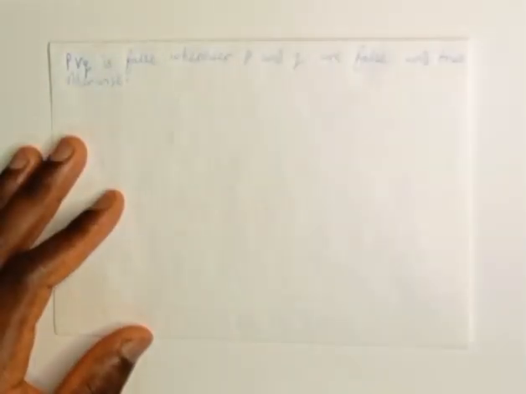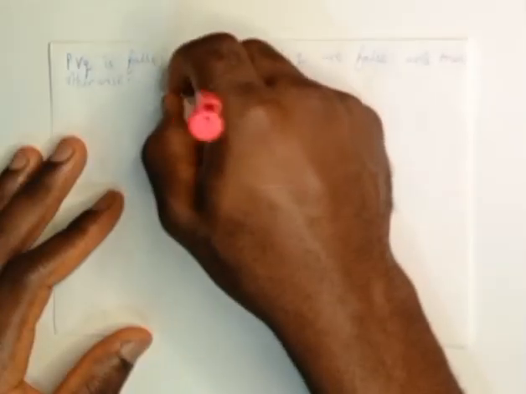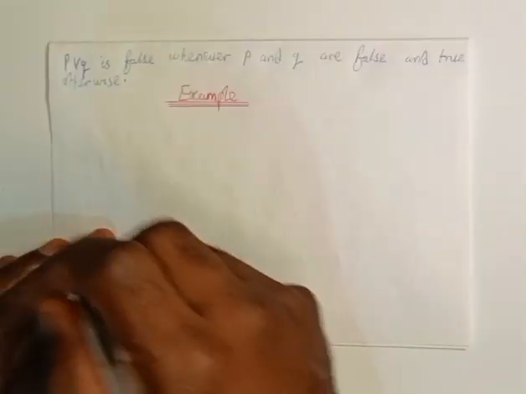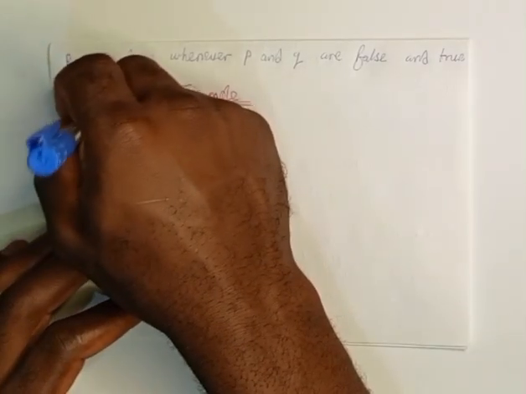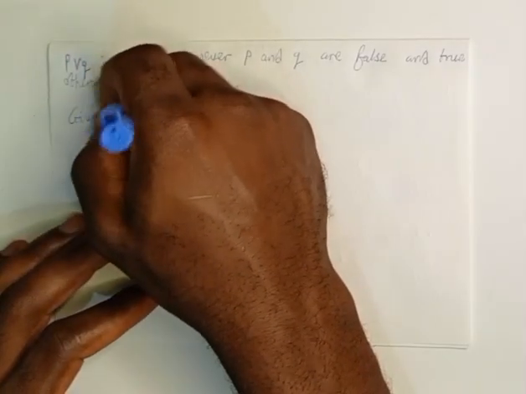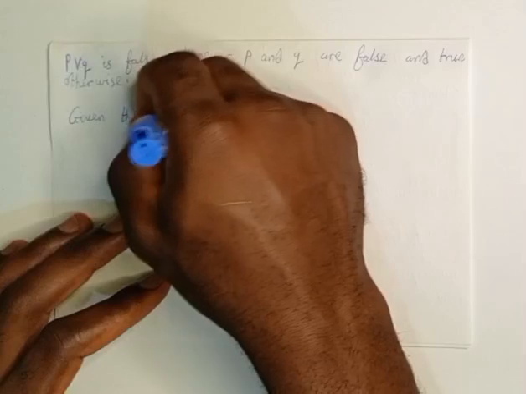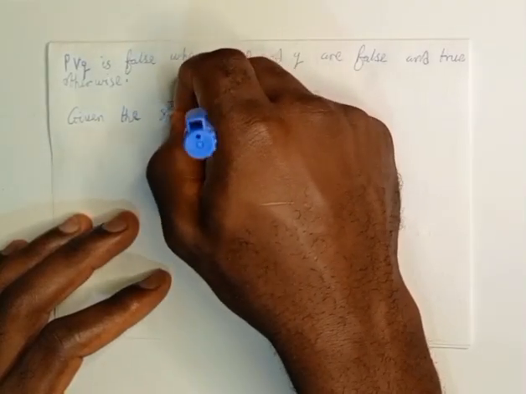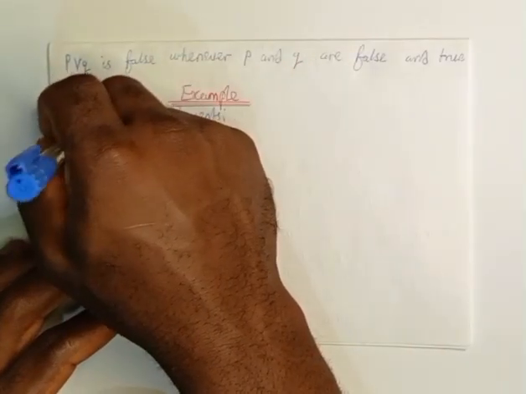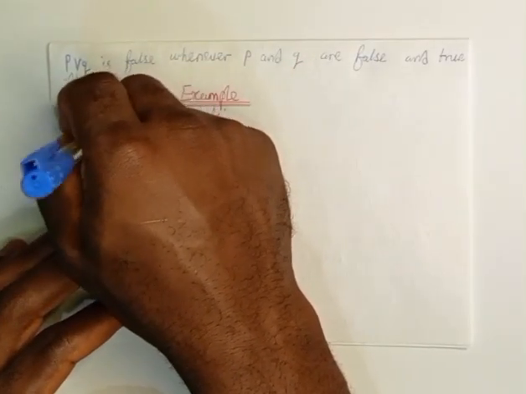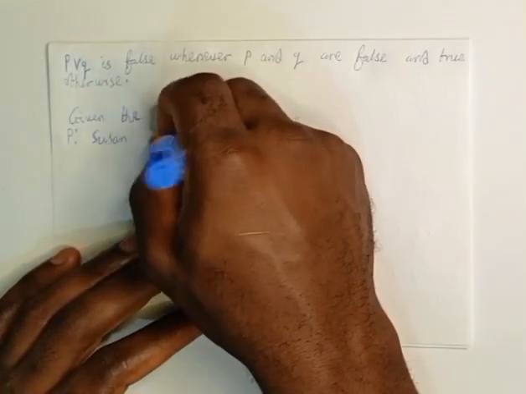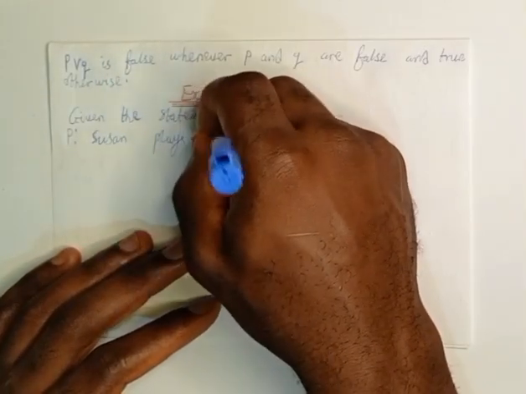Let's take an example. Given the statements, the first statement we have P, which is Susan plays handball.